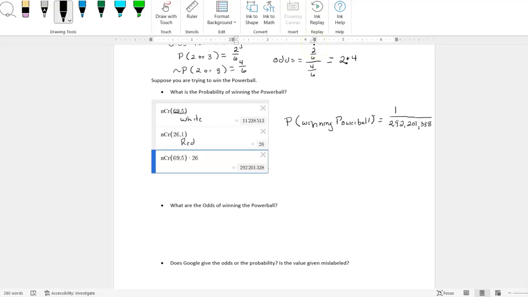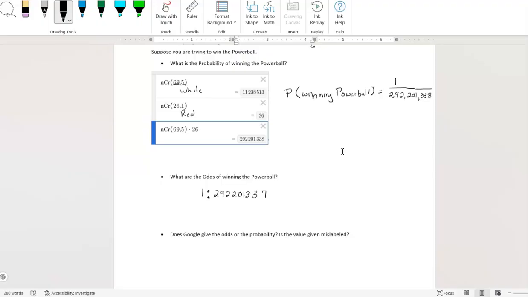So the numerator would be 1 out of the probability that it doesn't happen, which would be 292,201,337. That is the odds of the Powerball.